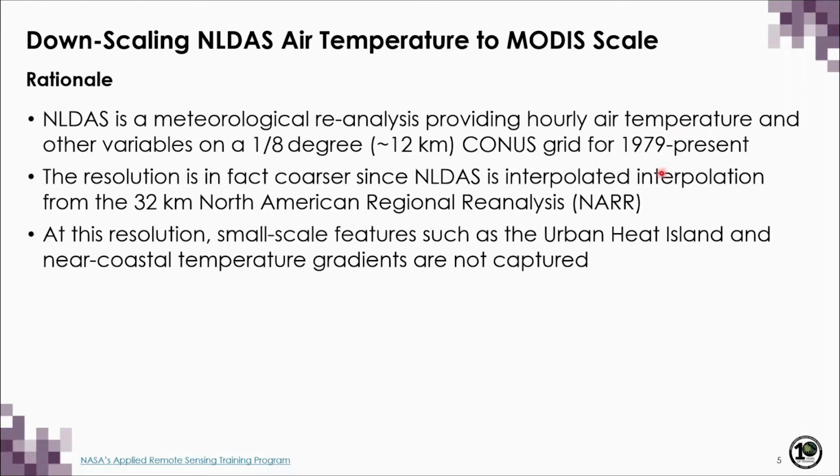It's actually, in fact, of a little bit more coarser resolution because it's interpolated from the 32-kilometer North American regional reanalysis. So at this resolution, although we do have a uniform spatial surface, small-scale features like the urban heat island or near coastal temperature gradients are not captured.